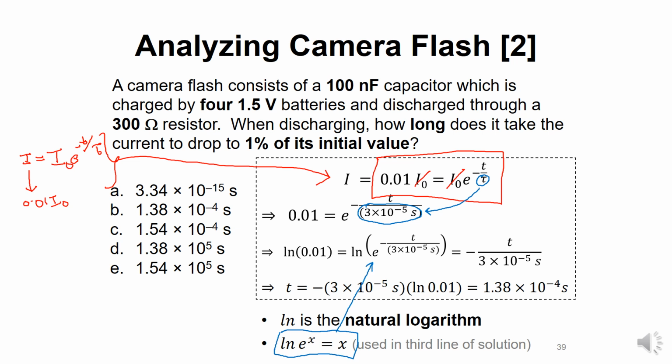I'll draw an arrow. You can think of the ln canceling out the e, and you're left with just the term in the power, negative t over 3 times 10 to the negative 5 seconds.